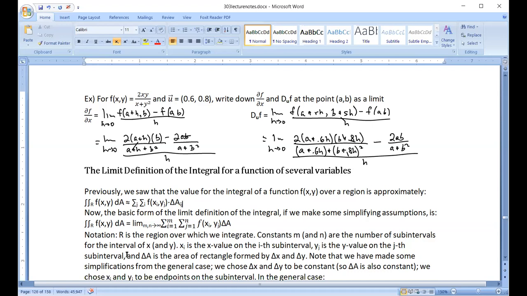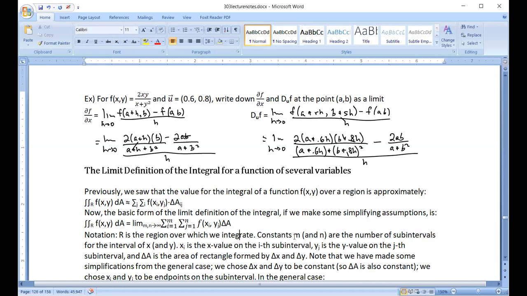What simplifying assumptions did we make? Well, first of all, we assumed delta A is always the same. So all my delta x is always the same length, my delta y is always the same length. So it always gives me a rectangle in my domain, delta A, of exactly the same size.